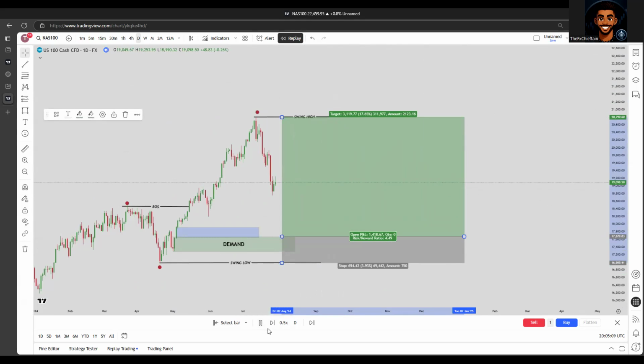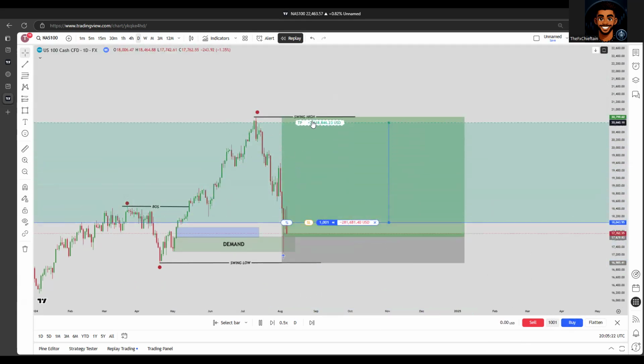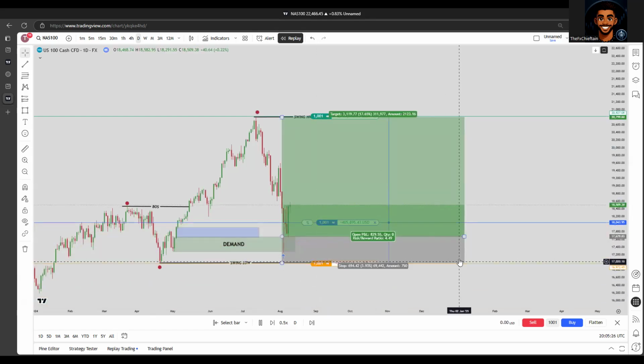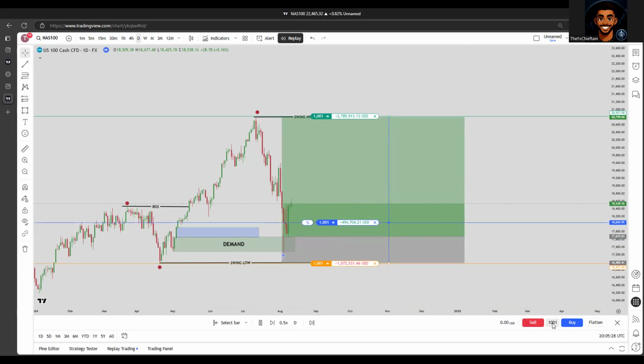So let's see if price gets to target. Let's say you buy 1,000 units. You bought, put your TP up, your SL just below, right? And you let it run.